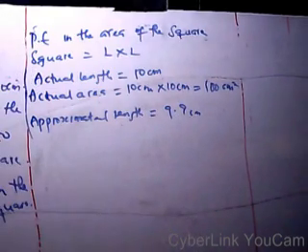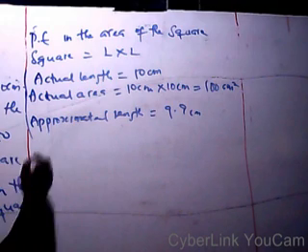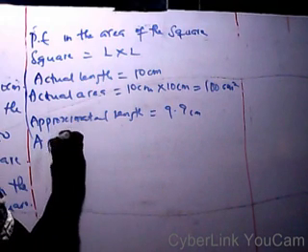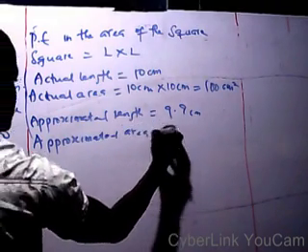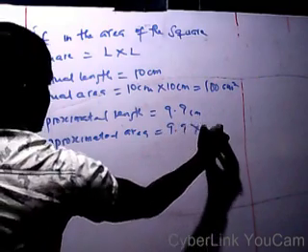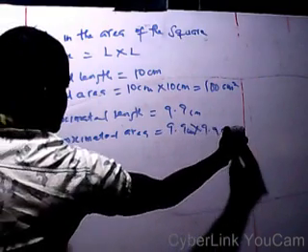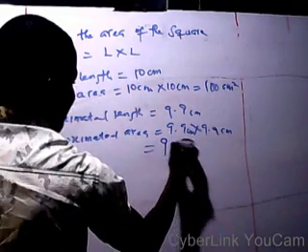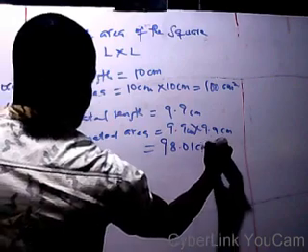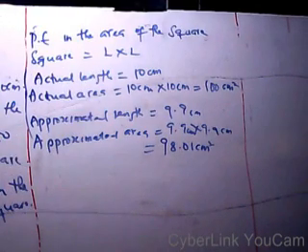So the approximated area will be 9.9 times 9.9 centimeter, which should give us 98.01 centimeter square, right?